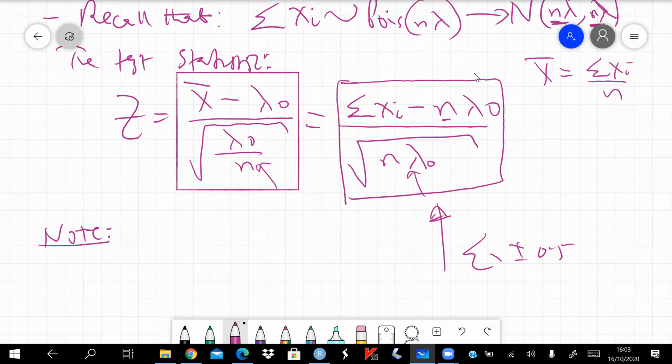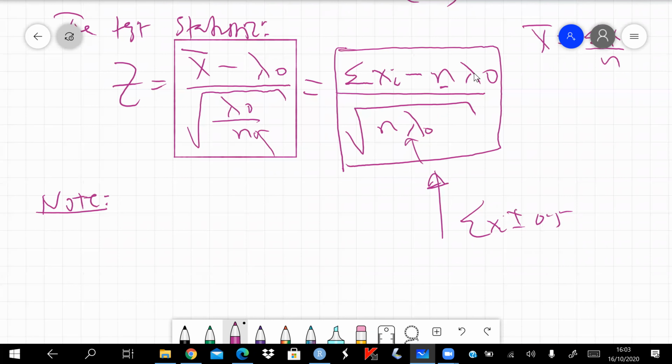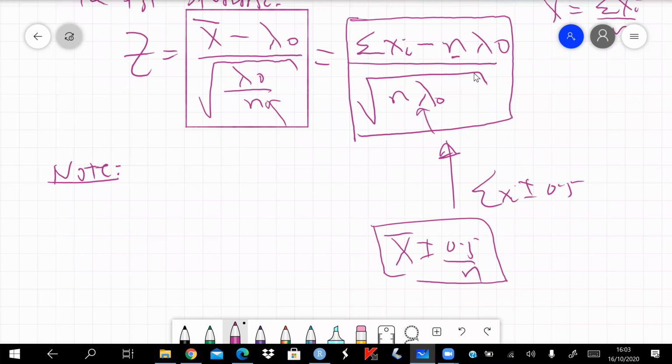But if you're using the first formula, you will have to take x bar plus or minus 0.5 divided by n, just like we did in the case of a proportion. So it is easier to work with the second version.